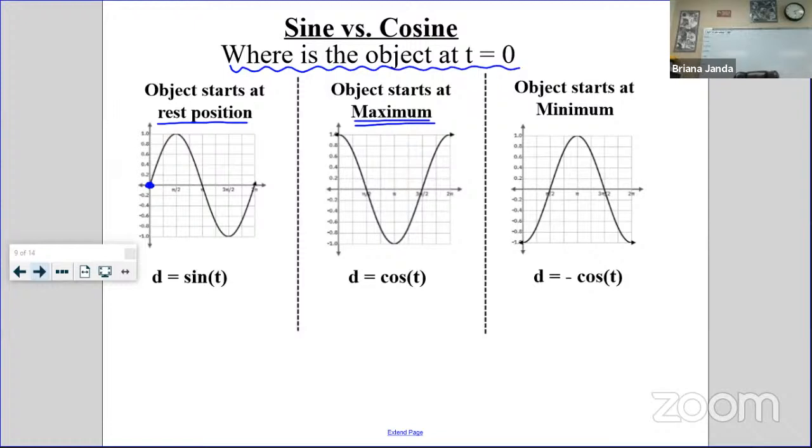And if the object is starting at a minimum at time equals 0, it would be a cosine curve, but because of the minimum, we would write it with a reflection over the x-axis, meaning that it's starting at a minimum instead of a maximum for cosine. Again, depending on our situation, it can start in any of these 3 locations at time equals 0. But that little piece of information, where is the object at time equals 0, helps us identify which of those 3 options we would pick to write our equation.